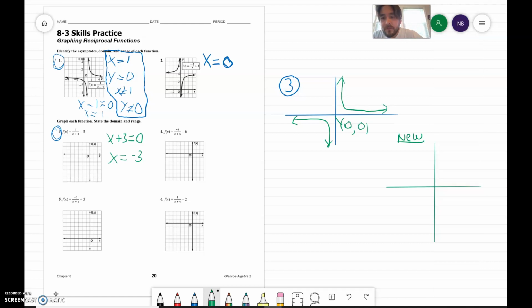Okay. My new graph, I'm going to take and move 0, 0. Okay, so 0, 0 is going to turn into the data that I get from number 3. So I already have my x. Now to get my y, I look at this right here. And that means y equals -3.